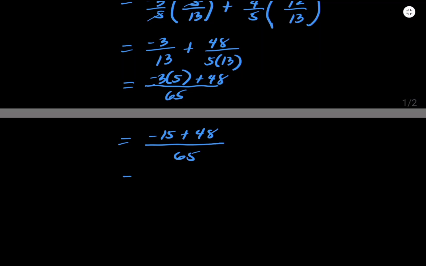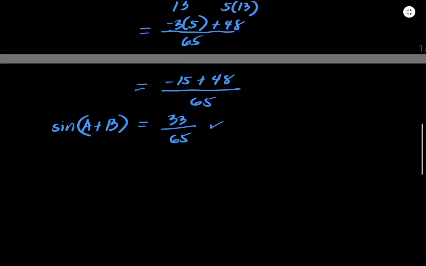Now this is equal to what? 48 minus 15, that is 33, right? So positive 33 over 65. And this is the value of sine A plus B. So we are done for item B.